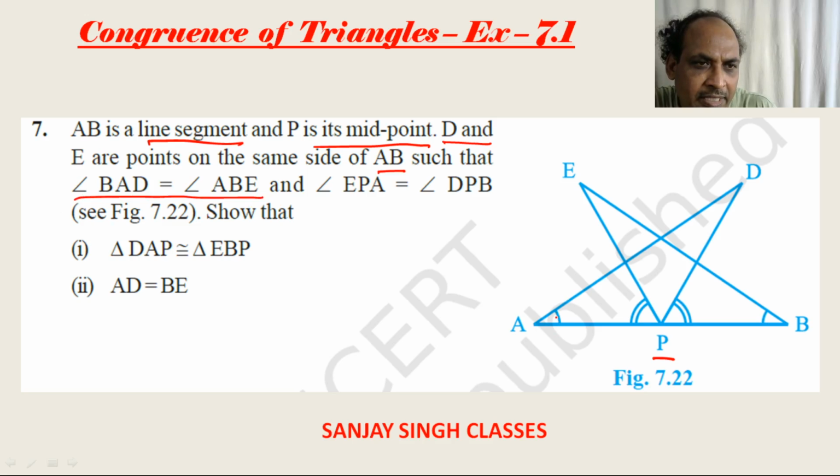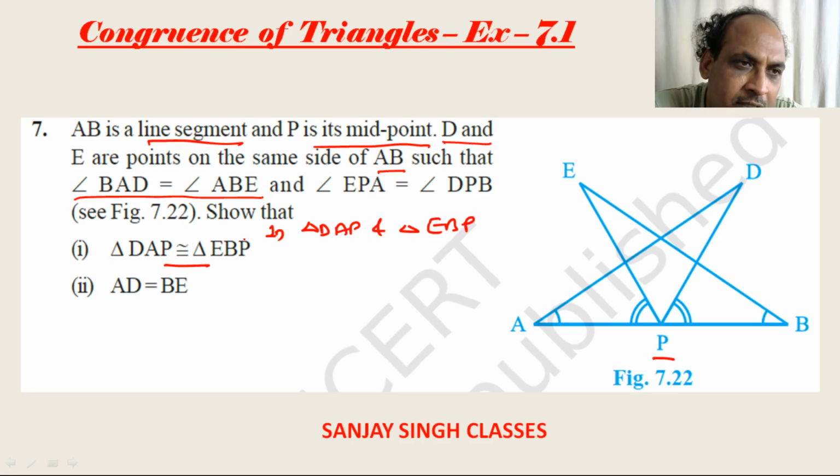So angle BAD is this one and angle ABE this one, and angle EPA is equal to angle DPB, right? We need to prove this congruent. So triangle DAP and triangle EBP. Okay, so angle DAP and angle EBP.